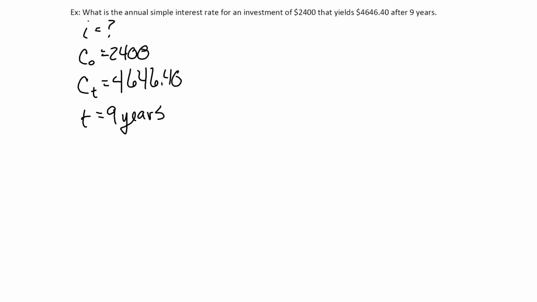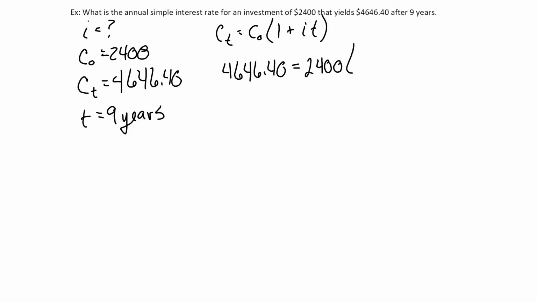Again, we can start with the original formula and substitute in each of the elements. So we've got the total investment from the initial investment times 1 plus I, which is unknown, and t, which is 9. Divide the 4646.40 by 2400 to get rid of that from this side.